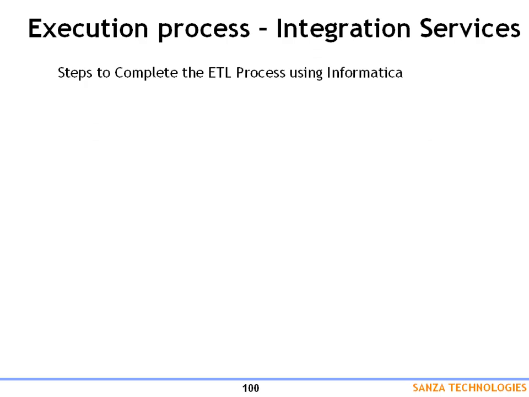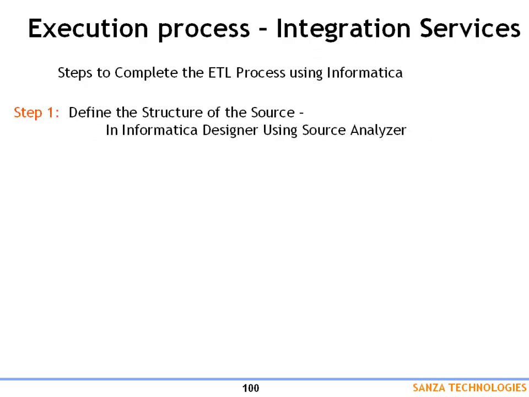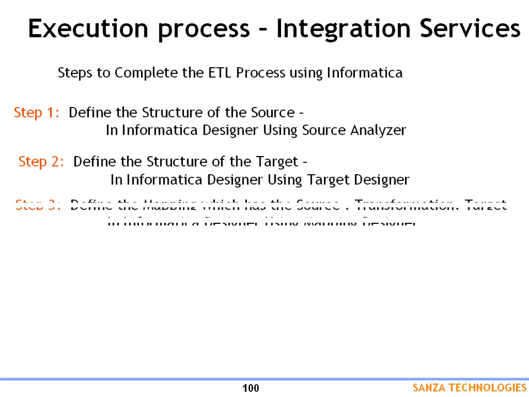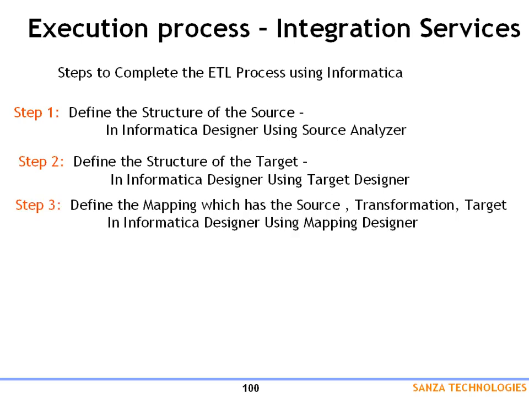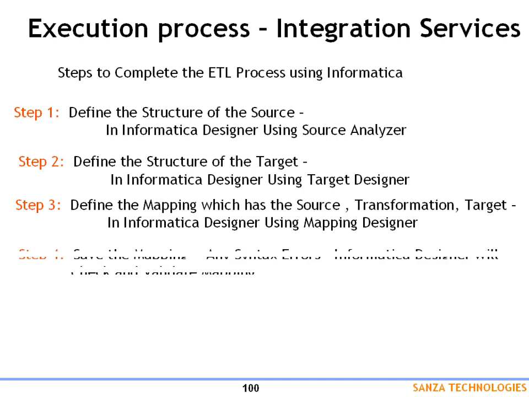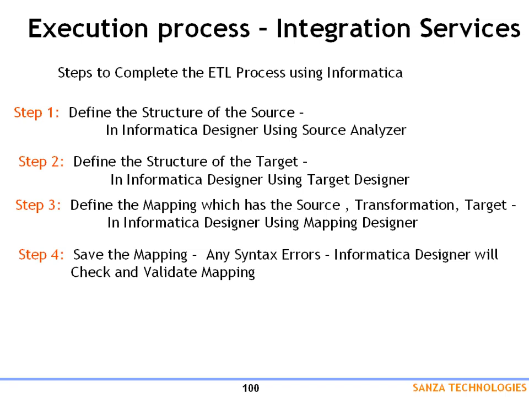First you have to define the source, that is in your Informatica Designer tool. Then you define the target in your Target Designer. Then you define the mapping, source transformation target, using the Mapping Designer. Then when you save that mapping, it will check for any syntax errors and the validation of the mapping.